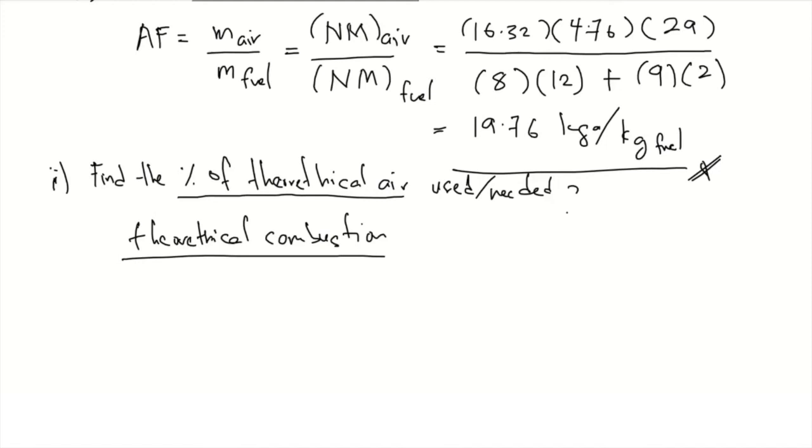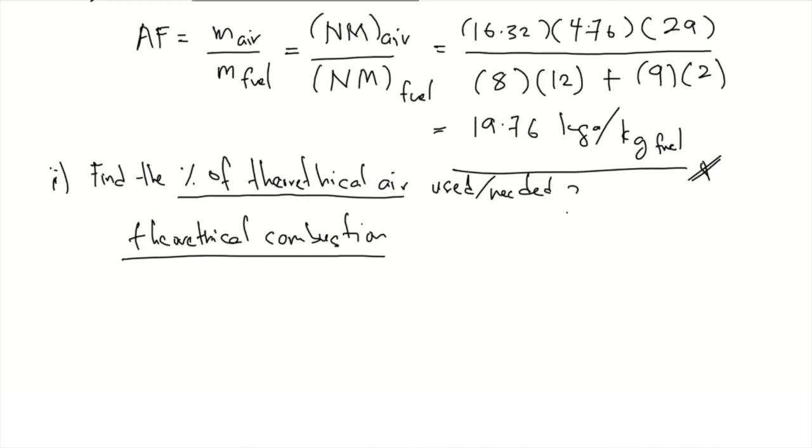Perhaps in actual, the fuel is not going to be 1 kilomole, it may be perhaps 20 kilomole. But in theoretical combustion, it is 1 kilomole of fuel plus the exact amount of air needed, which is theoretical air, and the product is going to be theoretical product based on the combustion reaction, right?